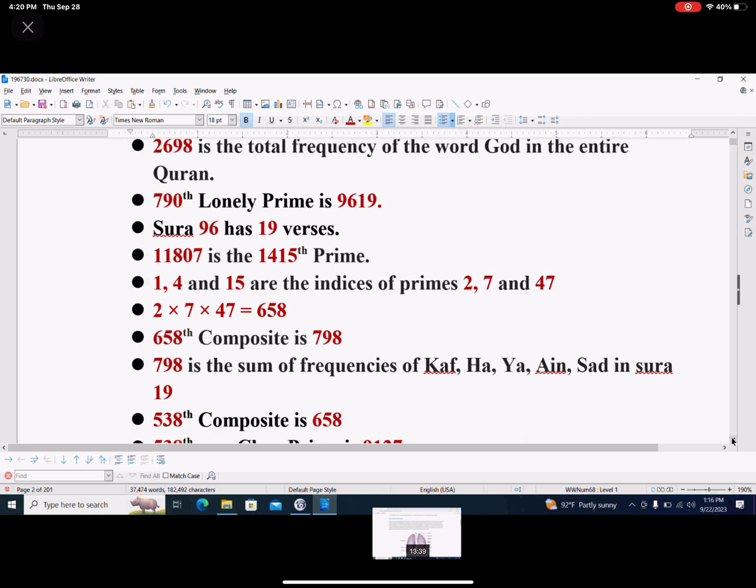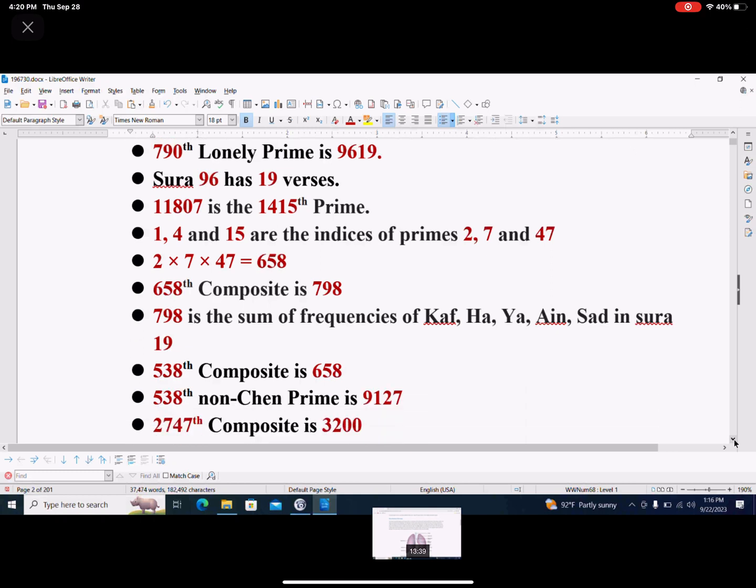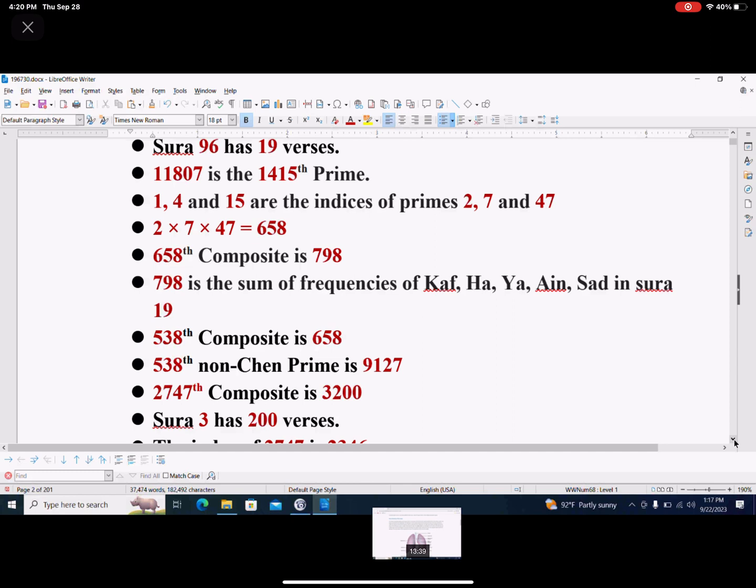538 composite happens to be 658. 538th non-Chen prime is 9127. 2747 composite is 3200. Chapter 3 has 200 verses. Ali Imran. Okay, the Amramites.